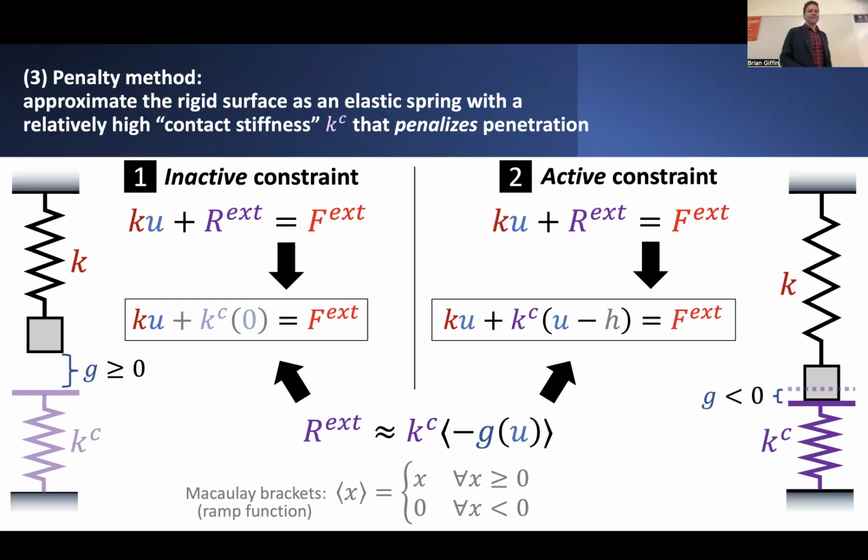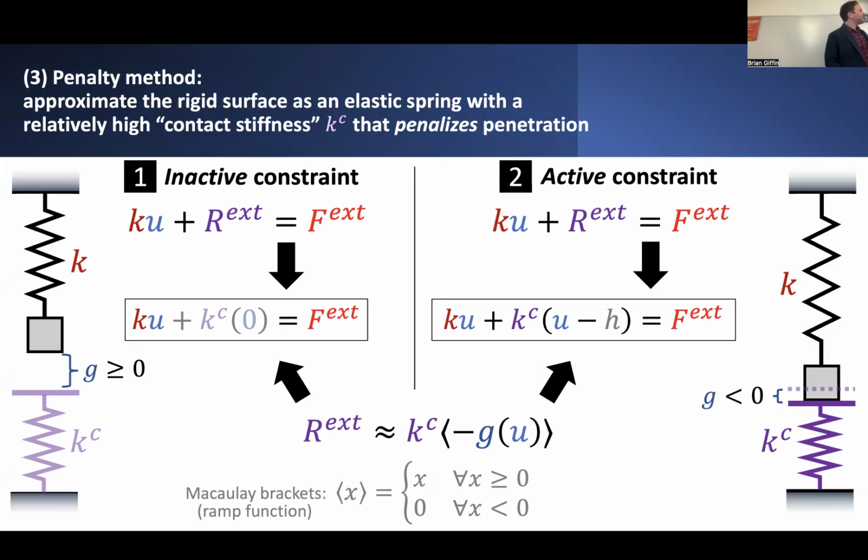Treat it as is. So you can imagine if I plug in minus the gap function inside of this angle bracket expression, then if the gap is open, I'll have minus some positive quantity, indicating that the Macaulay bracket says that this function should just be equal to zero, because the Macaulay bracket of some negative value is just zero. And that's precisely what I get on the left-hand side in the case of an open gap.